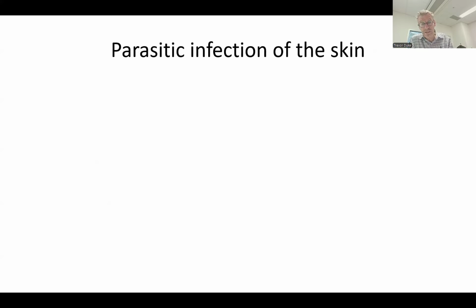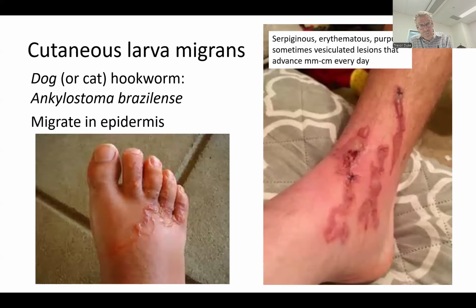I'm going to discuss now parasitic infections of the skin and only touch on two. Parasitic infections can lead to a whole range of different abnormalities, but I'm going to just discuss two that are probably the most common. The first one is not the most common, but this is something that gives a very characteristic rash.